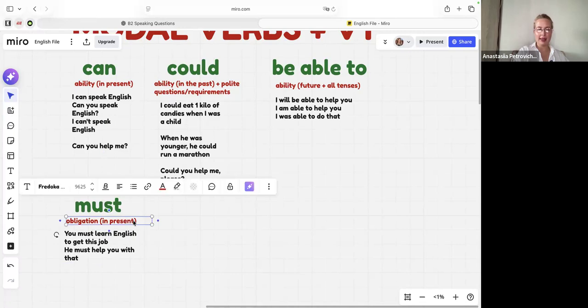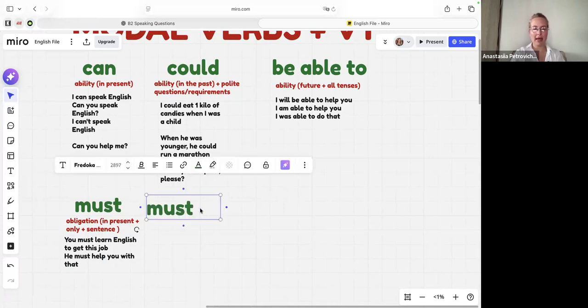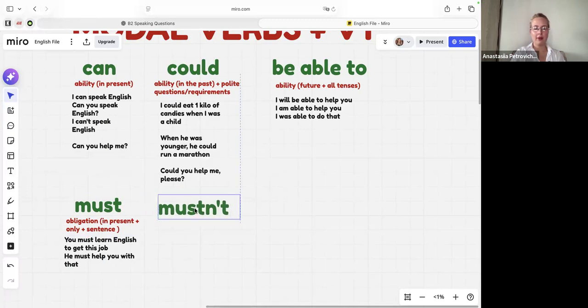So it is in present, and it is only positive sentences. Yeah, only positive sentence. Because for negative, we use mustn't in some way. We use mustn't. And let me show you how that works.